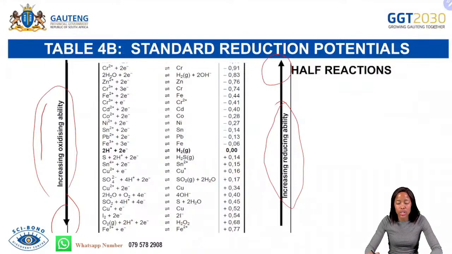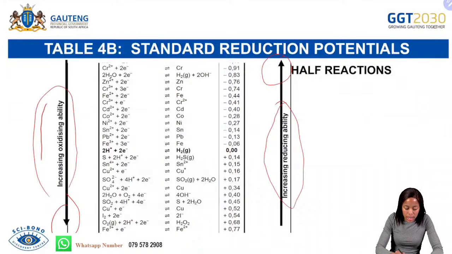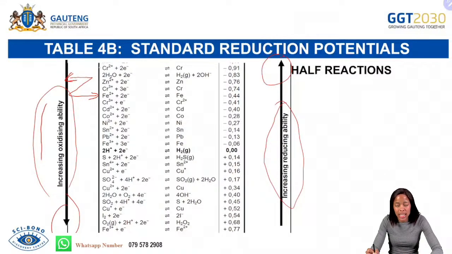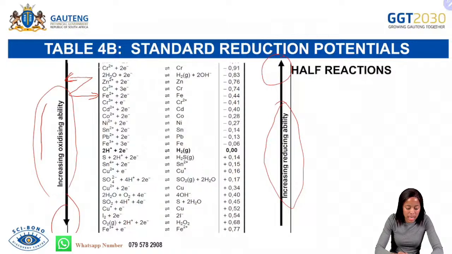Okay. So for you to be able to do the half reactions, what is it that you are going to do? You can use the letter Z there, okay? So when you use the letter Z there, we are saying that half reactions are as easy as A, B, C there.